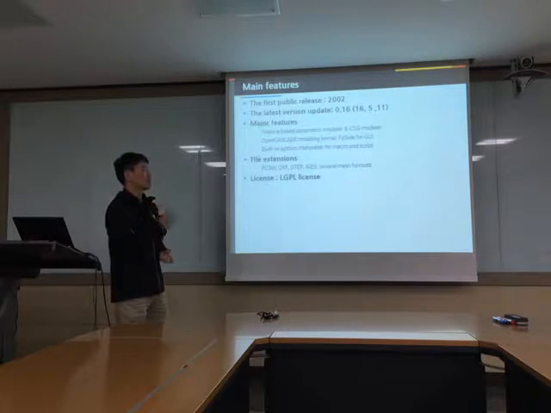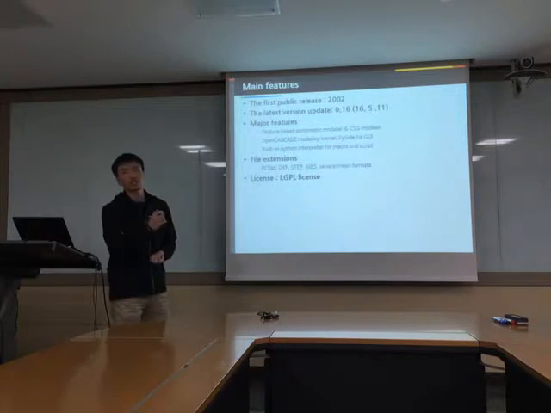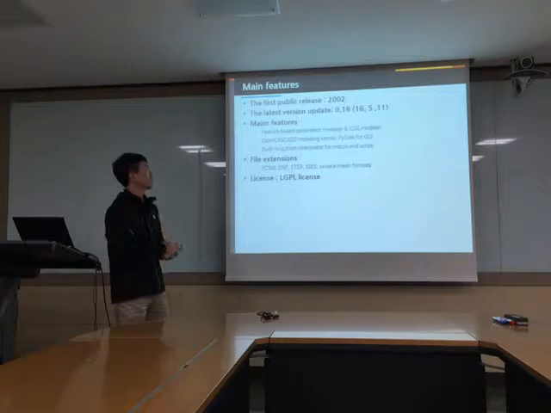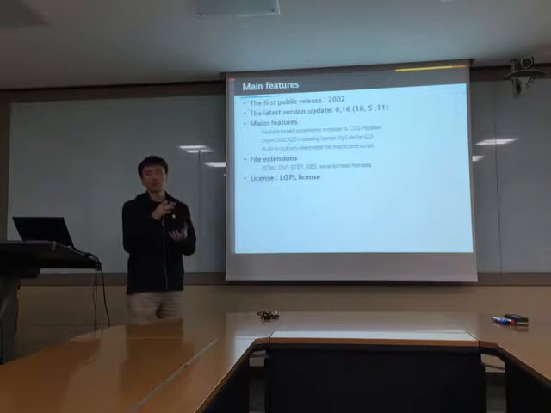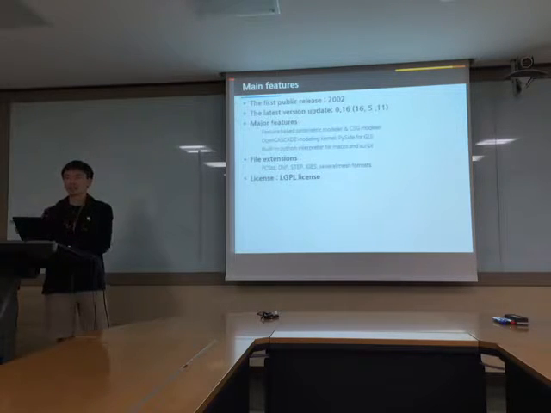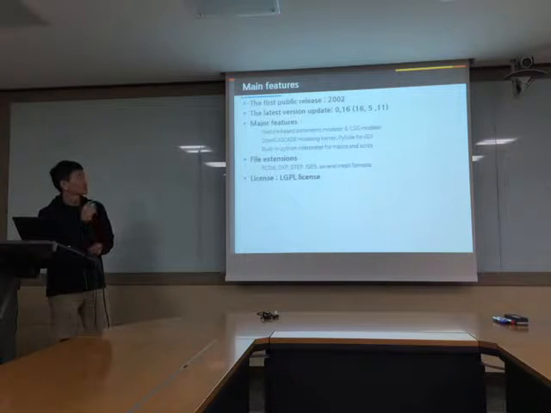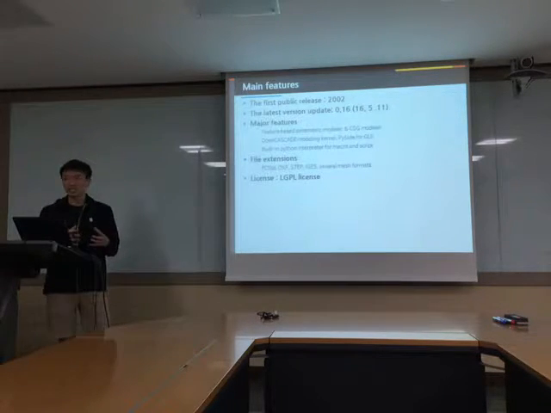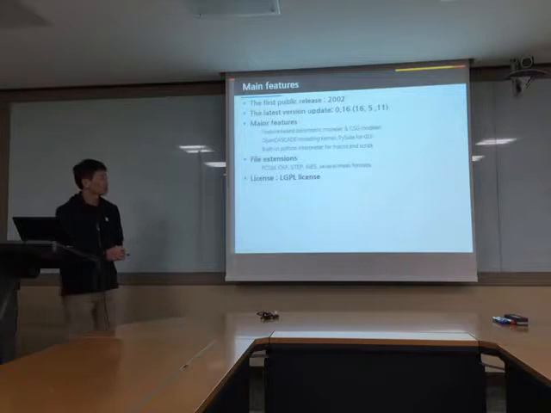CSG is the constructive solid geometry modeler, which uses some primitives and Boolean operations to make final models. The parametric modeler means using sketch and path, extrude, revolve, sweep, and so on.